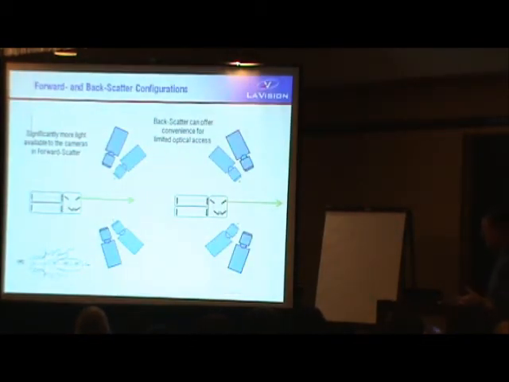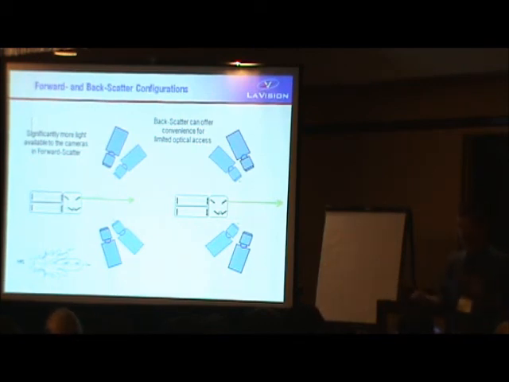Now, other configurations that you should consider, again pertaining to how big a volume you can look at, is paying attention to the scattered light angle. In Mie scattering, the beam's down here, but in Mie scattering, the forward scatter directions are much, much stronger than side scatter or back scatter.